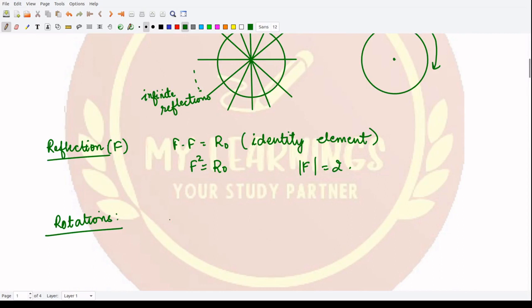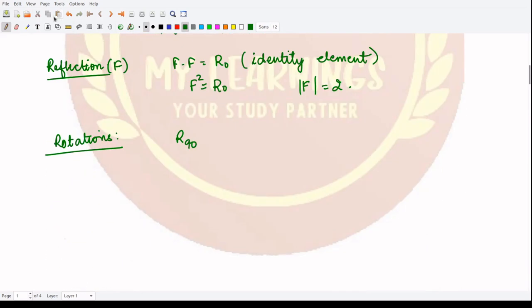If we take a rotation by 90 degree, what would be its order? Can you think of it? When you rotate this circle by an angle of 90 degree, you first move it by 90 degree, then by 90 degree, then by 90 degree, and then by 90 degree.